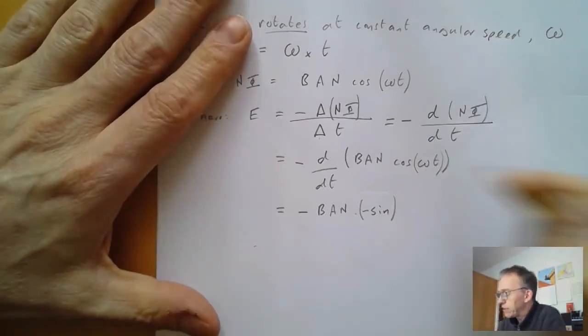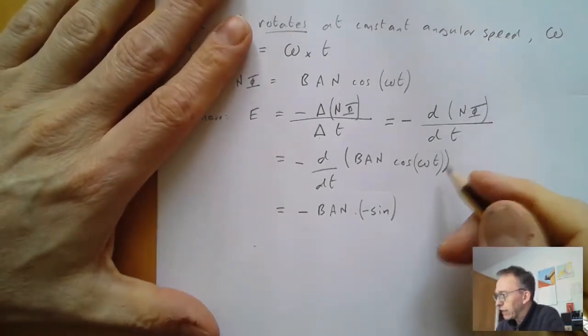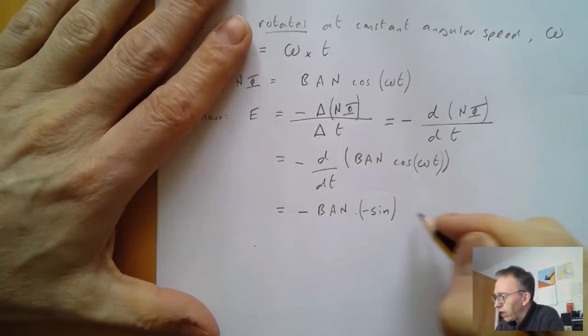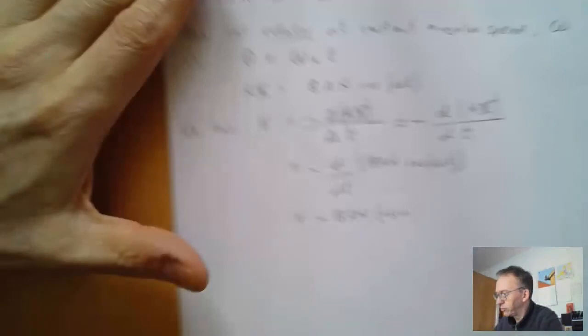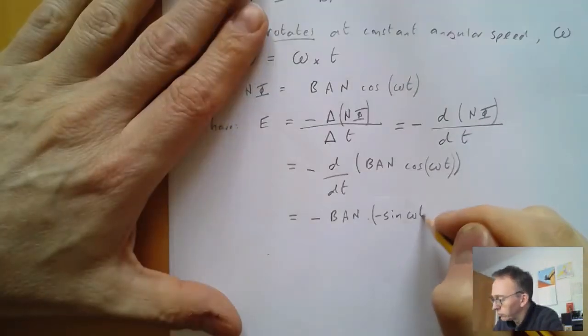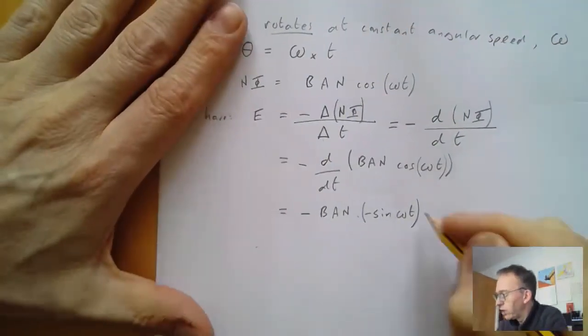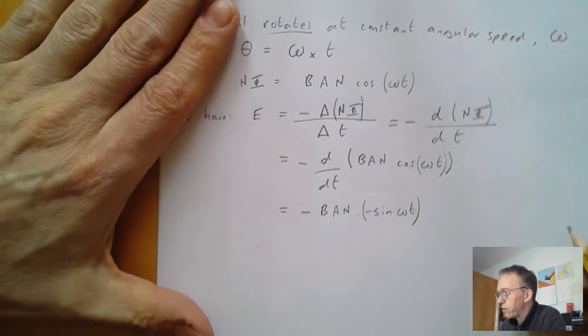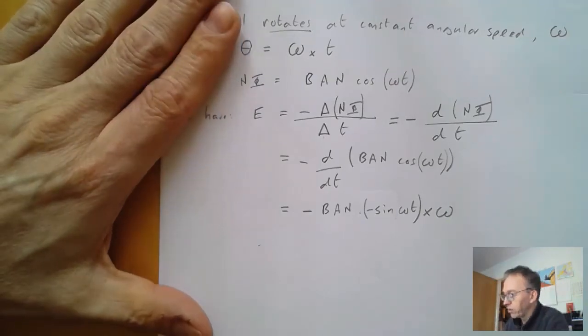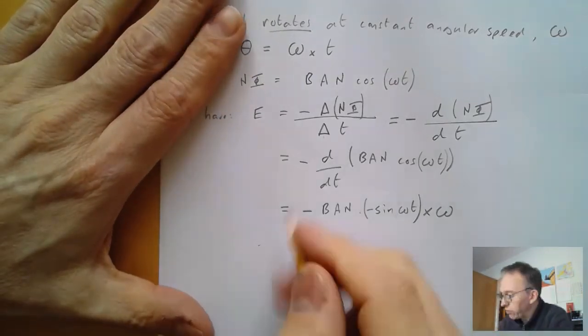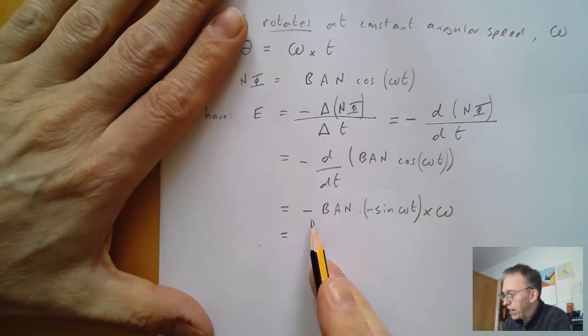And omega t differentiated with respect to t. So that's... and the differential of the function within the omega t is just omega. So we're going to get that. Now, if we sort that lot out, we have a negative and a negative, so they cancel.